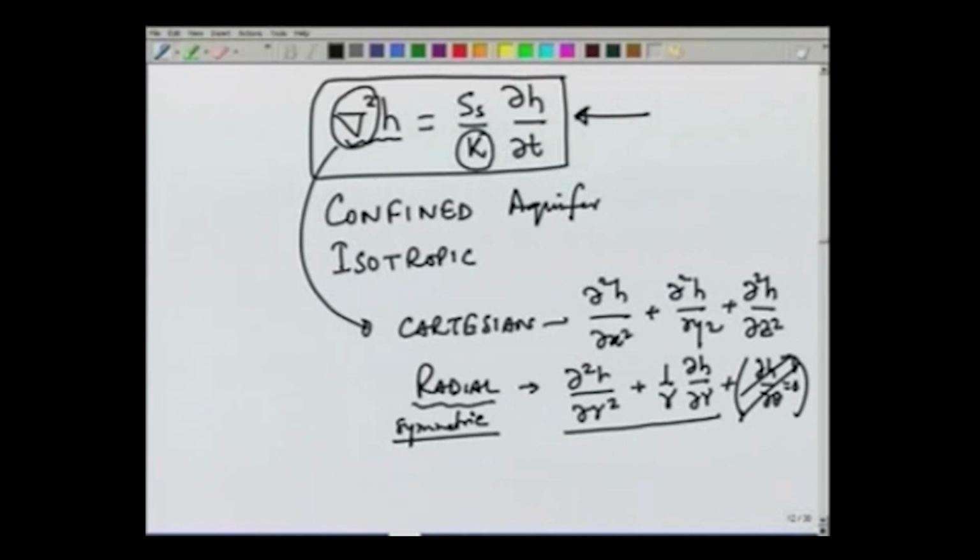We can also write this equation in a little different form by noting that the storage coefficient S is the specific storage into the depth of the aquifer, and we have already defined the transmissivity T as K into b.